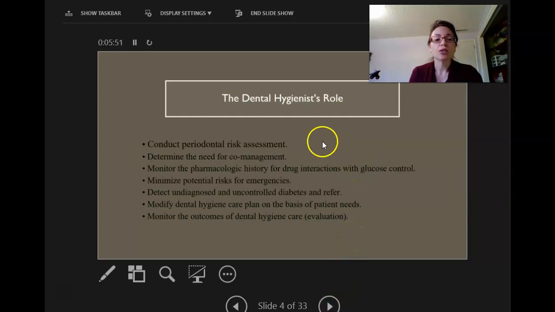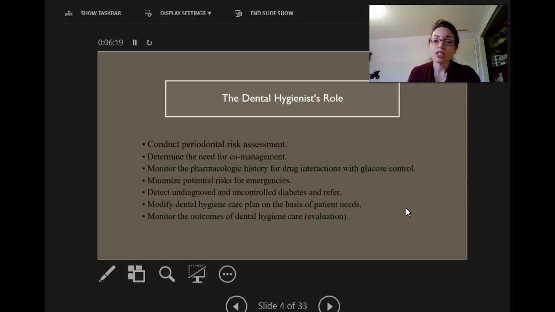So the dental hygienist's role: we conduct our periodontal risk assessment, we determine the need for co-management, we monitor the pharmacological history for drug interactions with the glucose control, we minimize potential risk for emergencies, we detect undiagnosed and uncontrolled diabetes, and then we'll refer those out to other healthcare professionals.